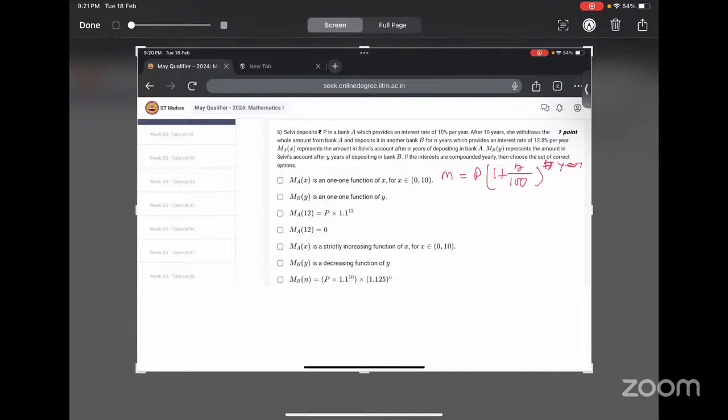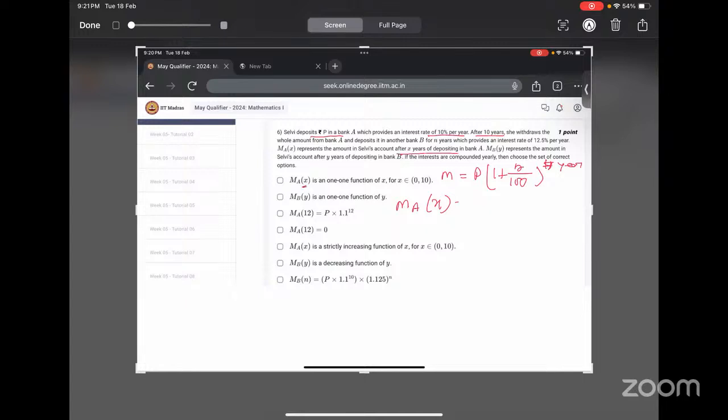So MAX, that means in bank A, we first deposit some amount P. And this is the interest rate, and this is the year, right? And when you're using X, that means X is the number of years, right?